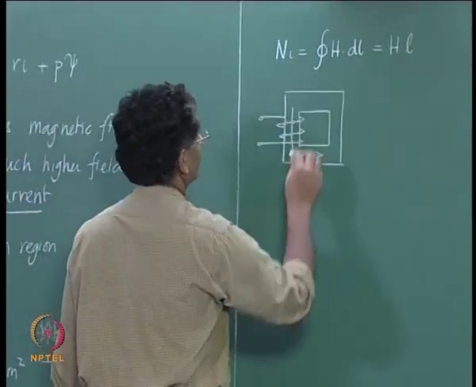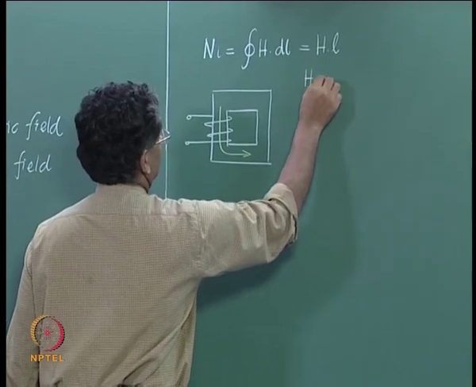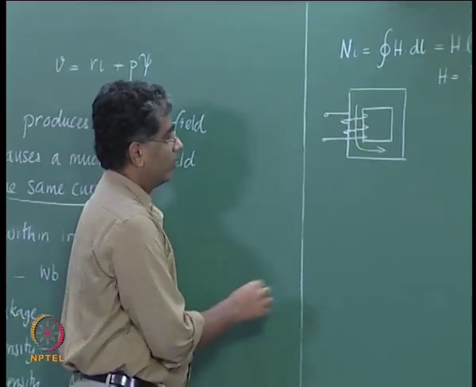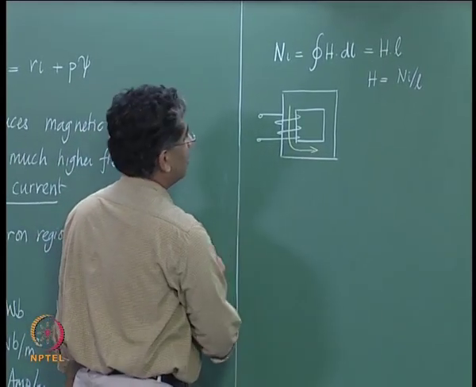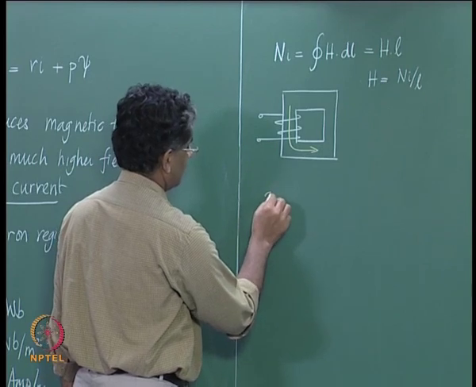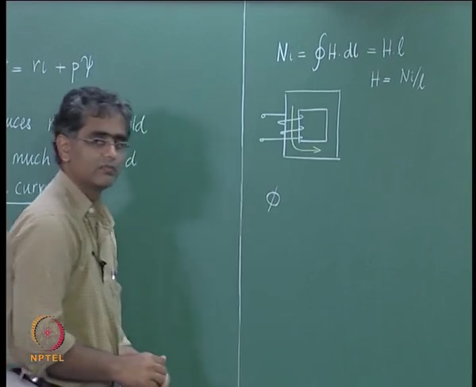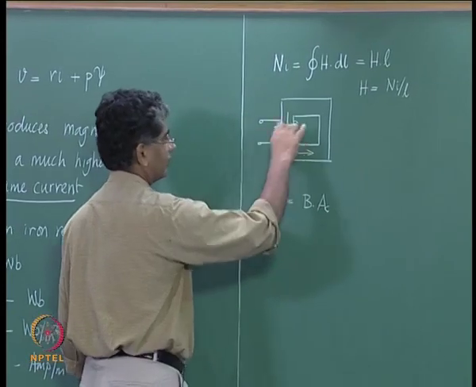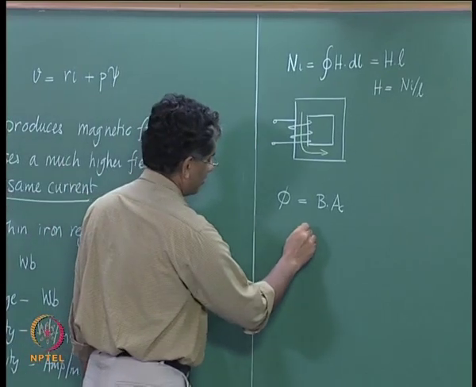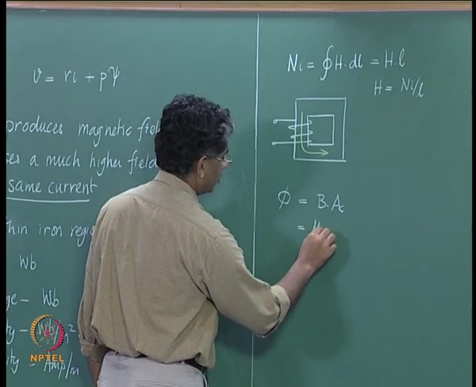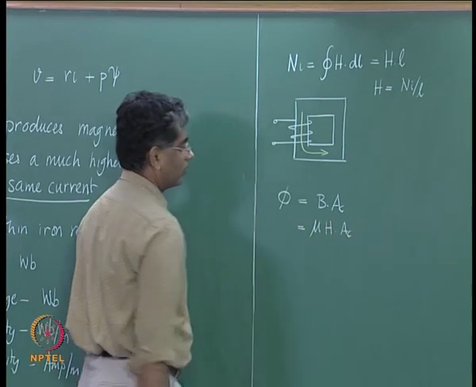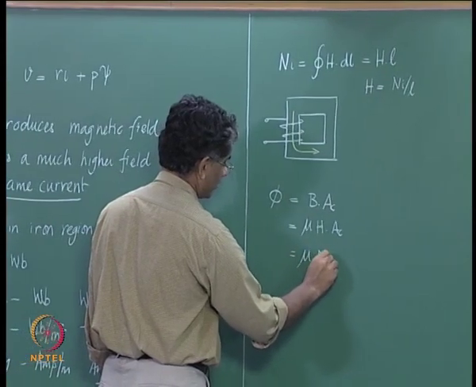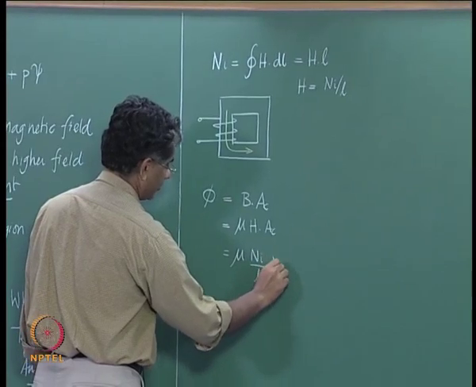And this then gave us an expression for H. H is then N into I by L, and we then determine the flux that is generated as flux density multiplied by the area of this core if you take a section, and B is the same as mu into H, therefore mu into H into AC, and H is nothing but Ni by L. So, you have mu into N into I divided by L multiplied by AC.